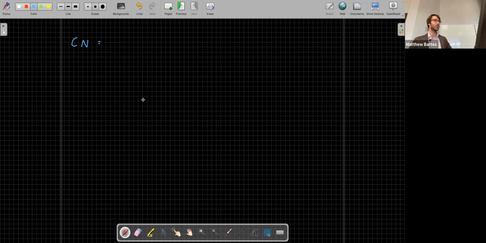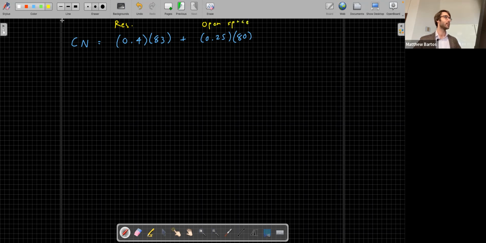Okay, so if we want the composite curve number for this entire watershed, we take 0.4 for 40%, multiplied by curve number 83. So this is for our residential. We add 0.25 for open space, which has a curve number of 80. We add a little bit of commercial, 0.2 times our curve number of 94.